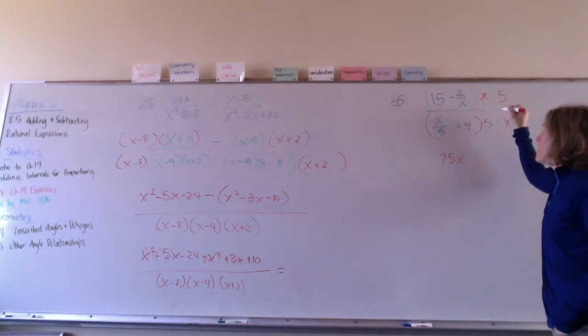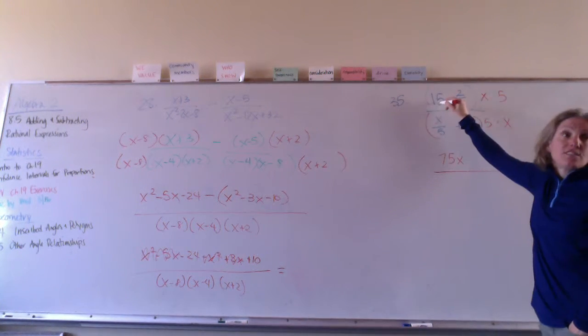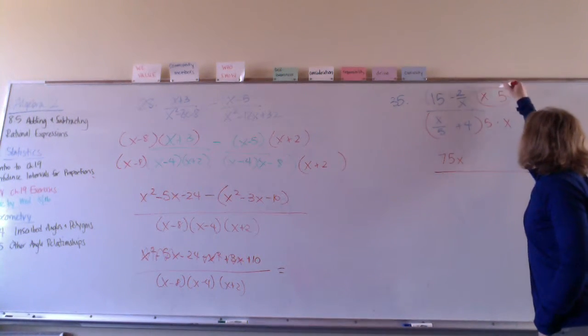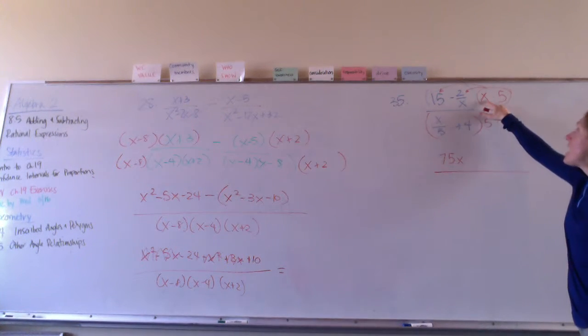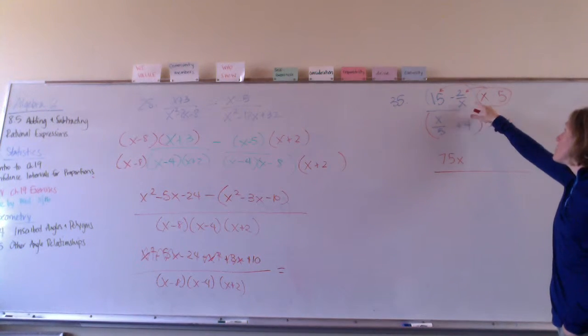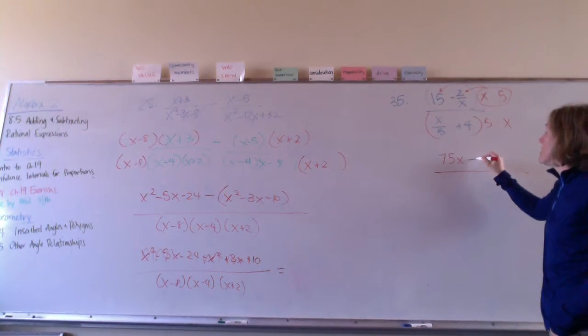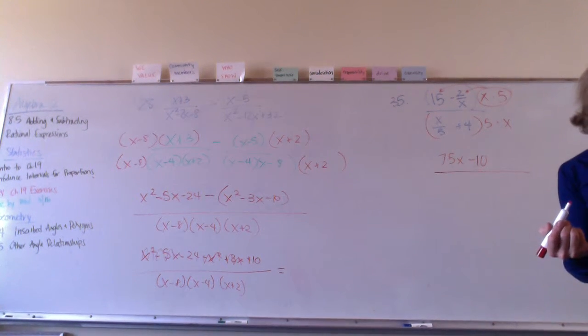I'm just doing the numerator right now. I'm just distributing my 5x to 15. I have a 5x, I have to distribute it to the 15, and I have a 5x, I have to distribute. So the x undoes the x, so I'm left with 5 times 2, which is negative 10. Wow, does that numerator look a lot nicer now?